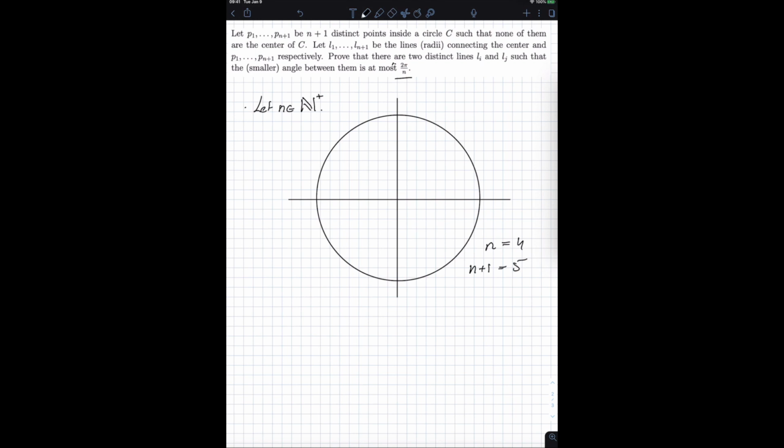I could not place a point on the center, but I can do anything else. So let's say there is a point over here, point here, point here, point here. And then I'm going to join these points with straight lines to the center of the circle.